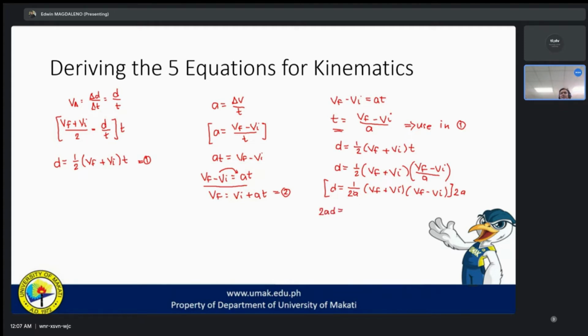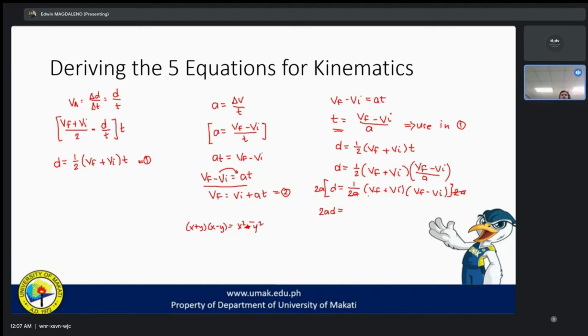We now have only the velocities on one side, and this here is the product of the sum and difference of two numbers. If you remember in algebra, x plus y times x minus y is always equal to x squared minus y squared.